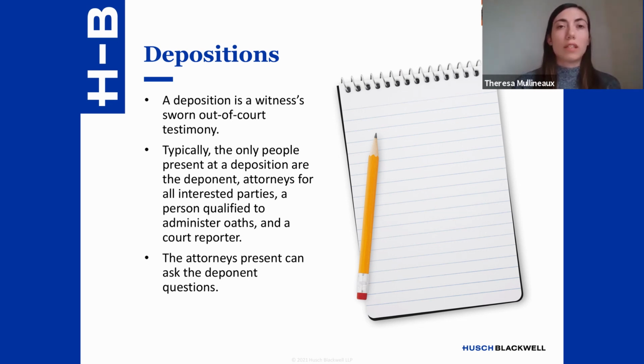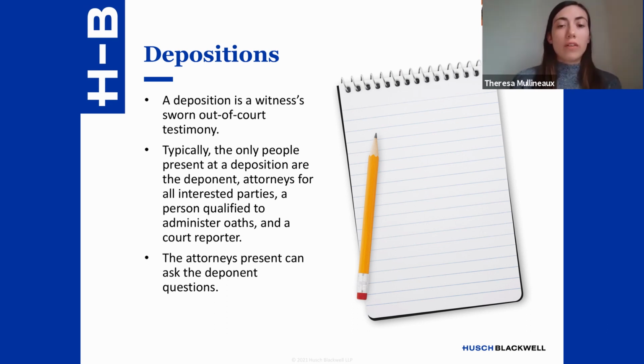It'll typically occur in a conference room, and the people there will be the deponent, that's whose deposition is being taken, the attorneys for all of the parties involved in the litigation, and a person to administer an oath, because as we stated earlier, it's a sworn statement. Then a court reporter will take down everything that is being said so that there is a record of it for trial later on.